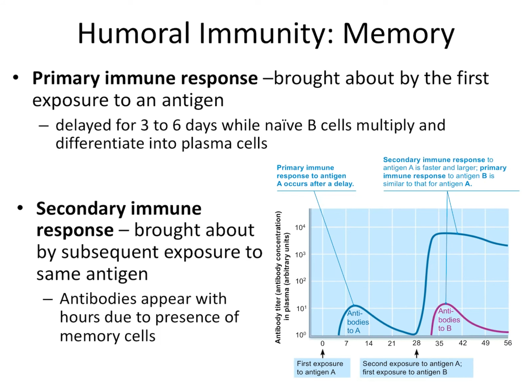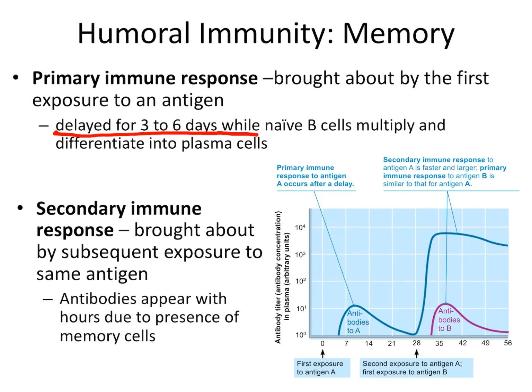And what we'll see is that primary immune response, remember this is the first exposure to an antigen, it's going to take up to 3 to 6 days for you to really prime the immune system, activate the B cells and the T cells, and for those B cells to multiply into plasma cells and start churning out these antibodies.